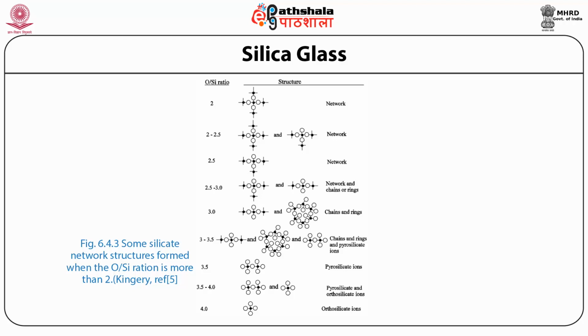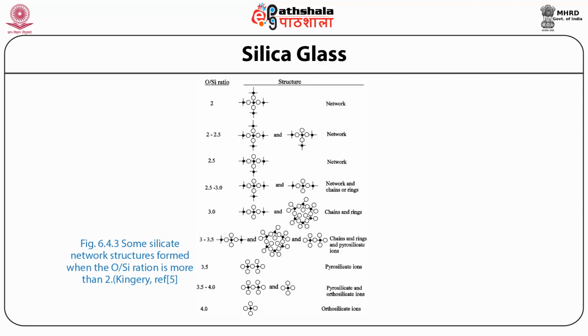So one can observe that in the first case, the oxygen to silicon ratio is 2. This means that one oxygen is shared by 2 silicon. Remember that the open circles or hollow circles resemble oxygen, whereas solid circles resemble silicon.